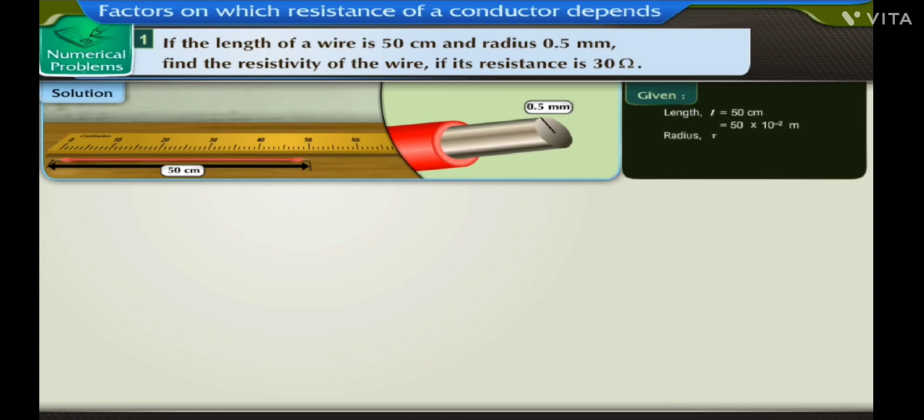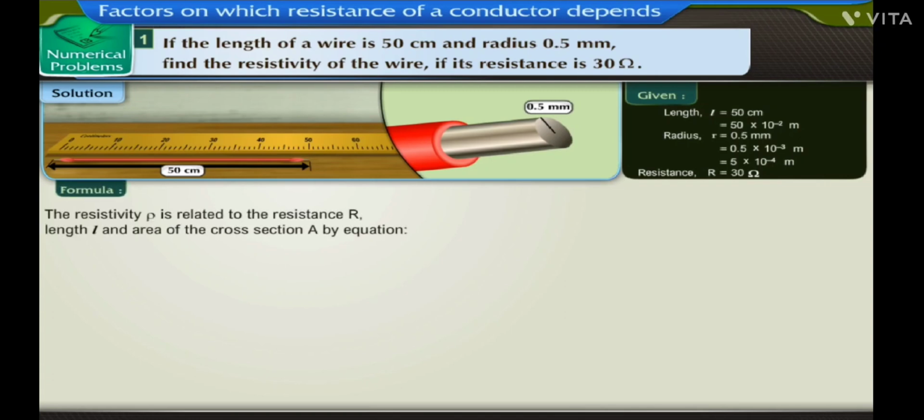Radius r is equal to 0.5 millimeter, equal to 0.5 into 10 raised to minus 3 meters, equal to 5 into 10 raised to minus 4 meters. Resistance R is equal to 30 ohm. We want to find the resistivity of the wire.